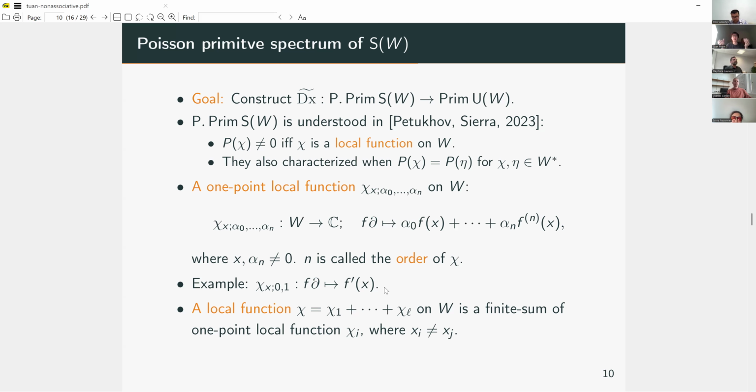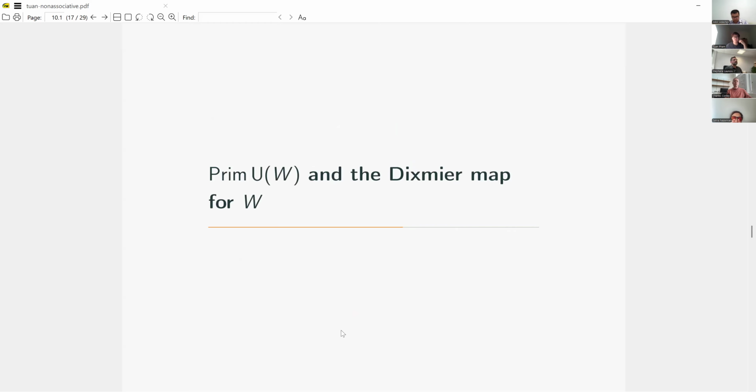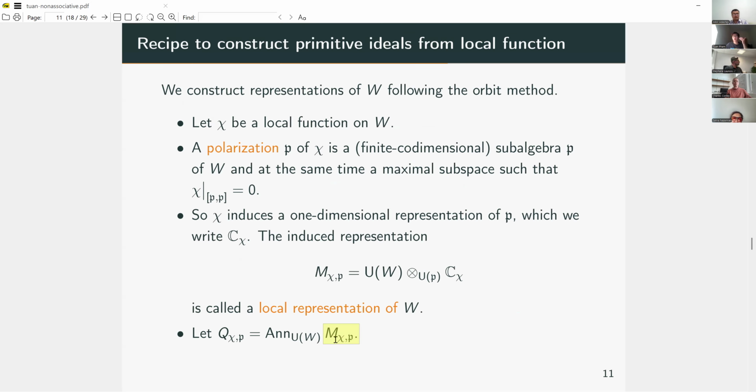So in particular, you can replace the non-irreducible representation by an irreducible representation.